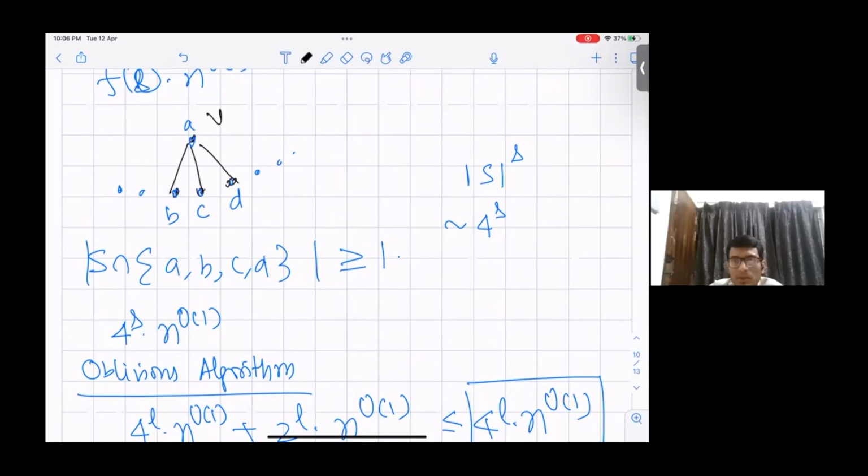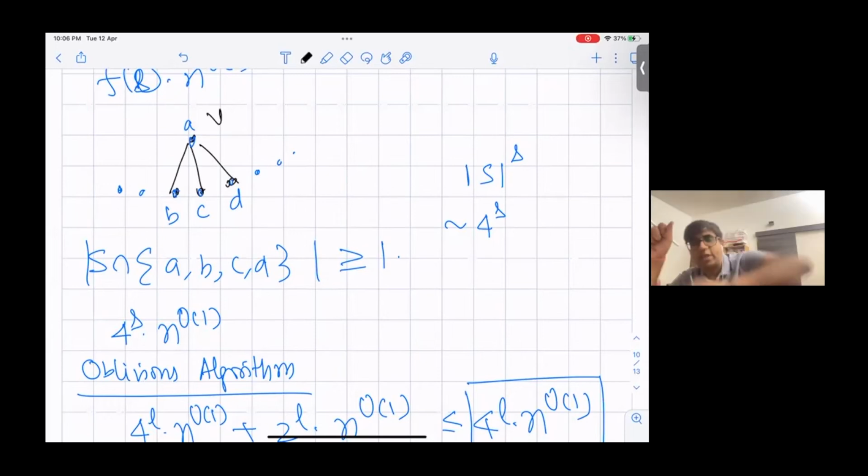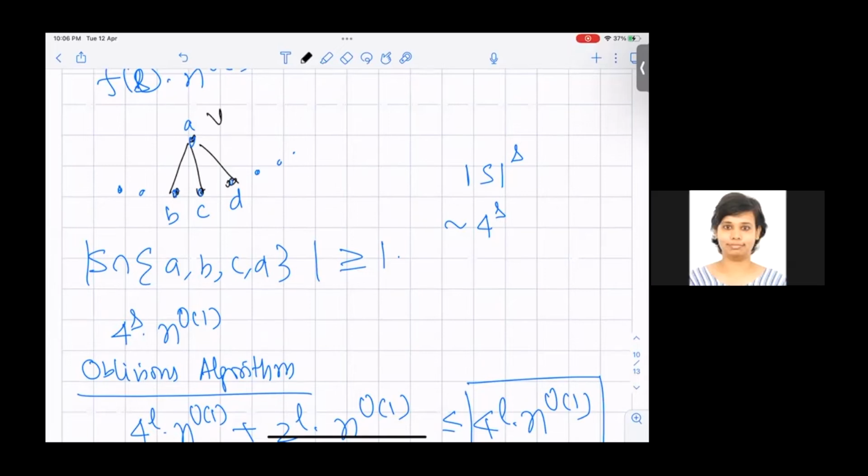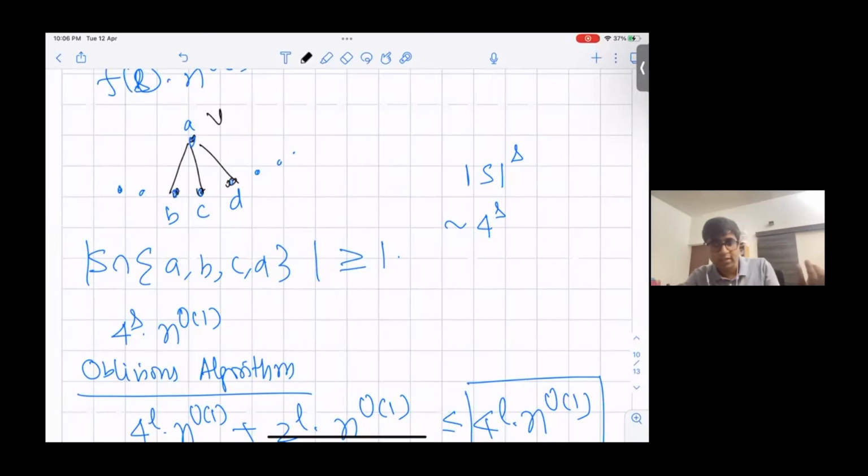You know that S intersection ABCD is at least 1. Take all of ABCD, delete it from the graph. Every time, I know that my S intersects the set which I deleted, and these are distinct vertices because these are distinct objects.